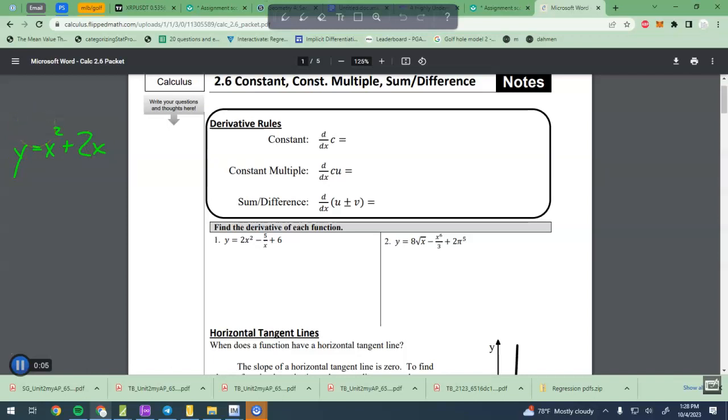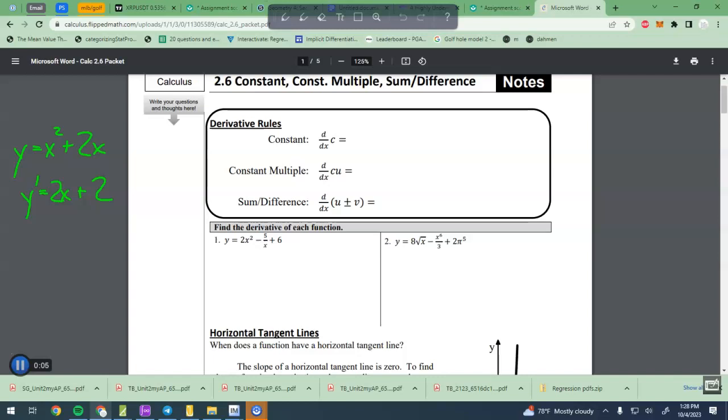And I said take the horizontal tangent line one, right? Yeah. So you got to take the derivative until it equals 0. How many of you got to that for the derivative?